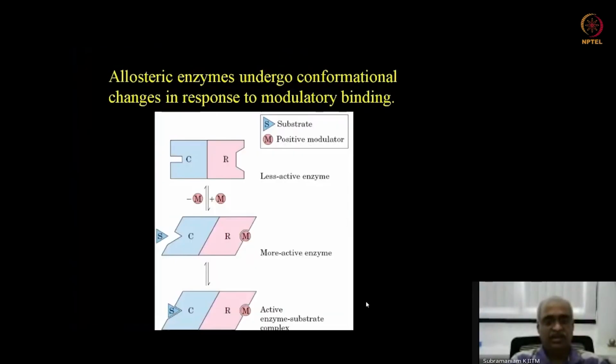They are really important. A good example of an allosteric protein is actually a non-enzyme, hemoglobin. Many of you already know hemoglobin.